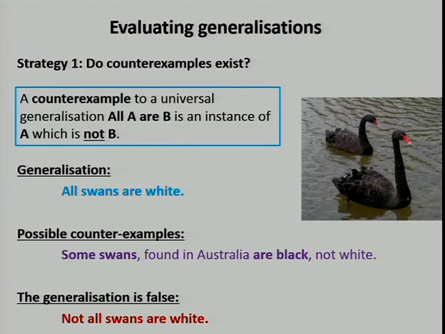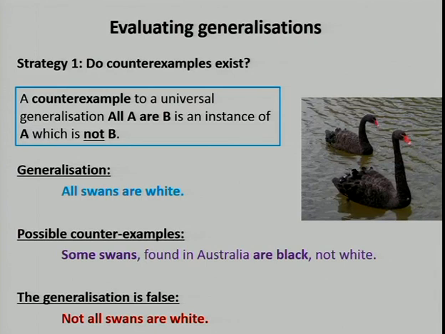So if you can find an exception, for instance, all swans are white, well, actually, there are some that are black, and if you live in this part of the world, I think I've seen them around here, which was very cool from my European perspective. Then there are counterexamples to that rule, so the generalization must be false, right? So that's not particularly interesting.